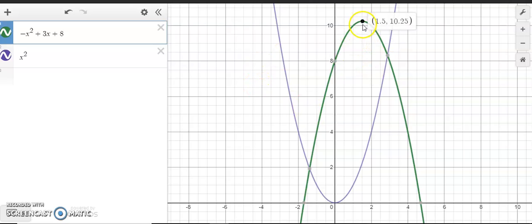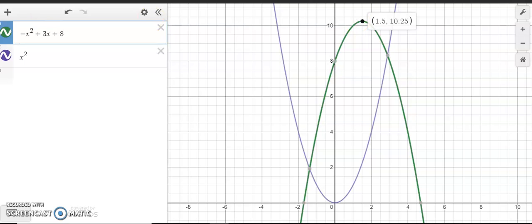Notice that the vertex is shifted to the right and up. So if I was asked to describe those transformations, I would say it moved right 3/2 of a space, it moved up 41/4 of a space, and then since it's upside down, I would say that there was a vertical reflection.